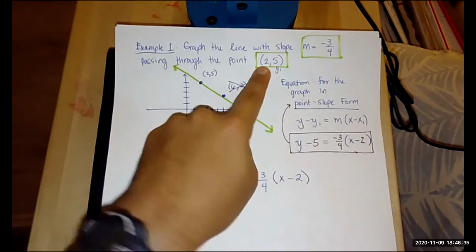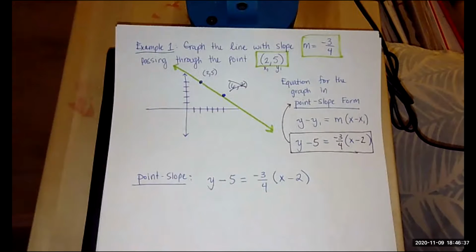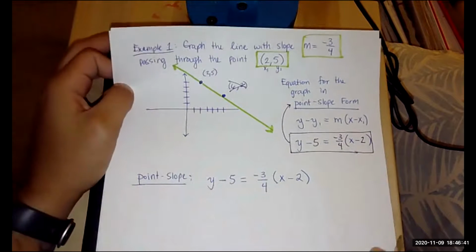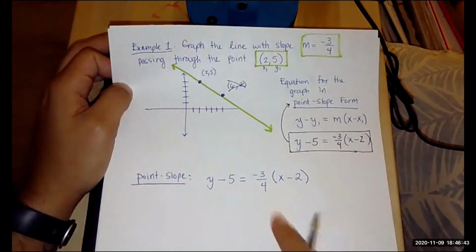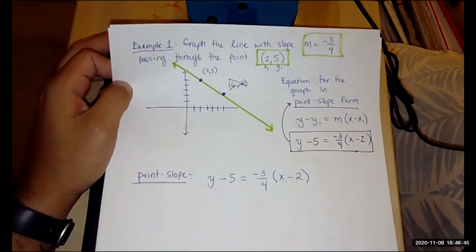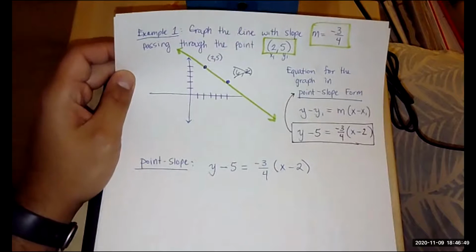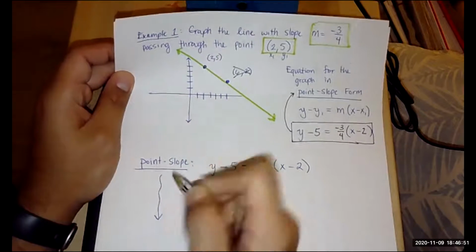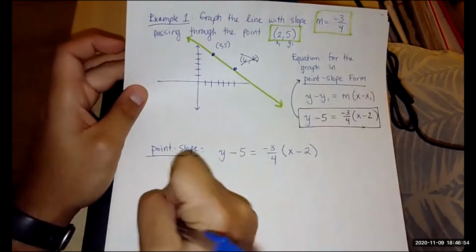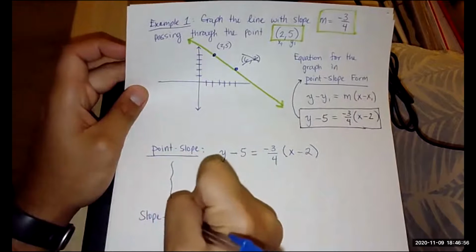Whereas with the slope-intercept form, we had to be given the y-intercept. But since all of these forms of the equation are interchangeable, we can just do a little bit of algebra and figure out how to get from the point slope form to slope intercept form if we needed to.